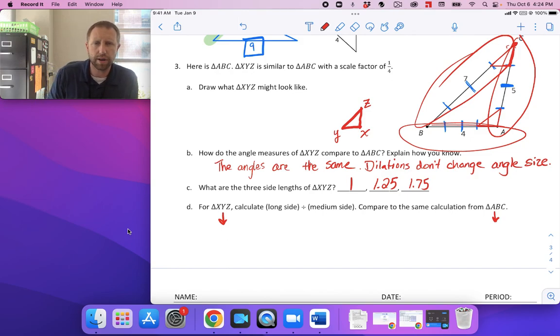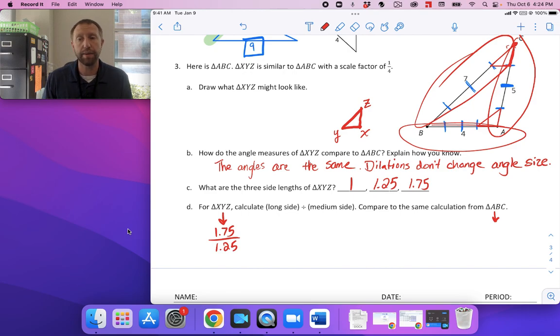The long side for triangle XYZ is 1.75. The medium side is 1.25. So I'm doing 1.75 divided by 1.25. For ABC, that's 7 divided by 5. So I punch that into my calculator here. 1.75 divided by 1.25, I get 1.4.